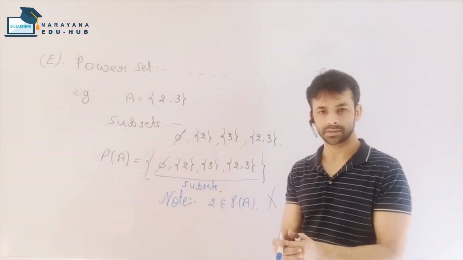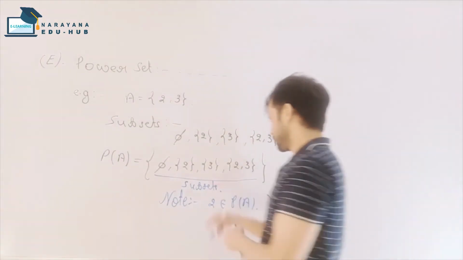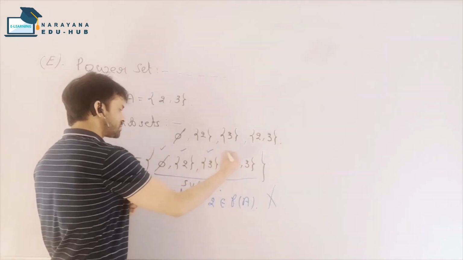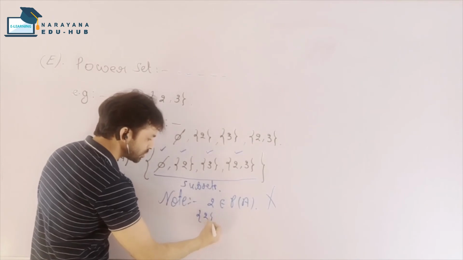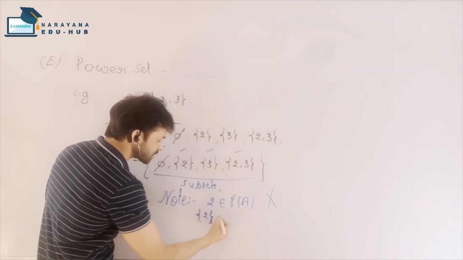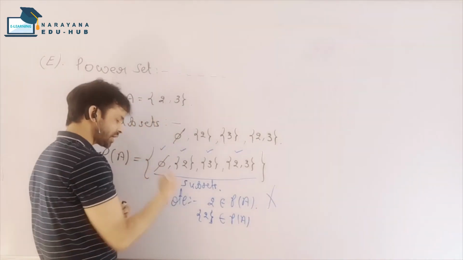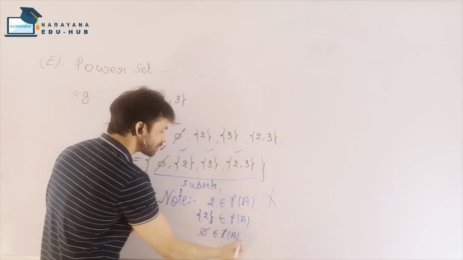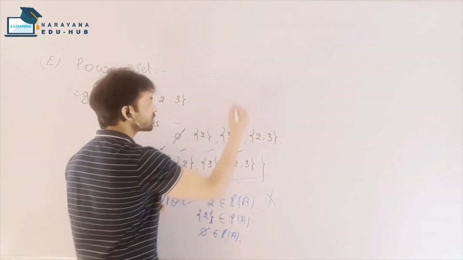If I write like this, then this is wrong, this is incorrect. 2 is not an element of PA. The elements of this are this subset, this subset, this subset, this subset. So set of 2 is an element of PA. Phi is an element of PA. Set of 2, 3 is an element of PA.